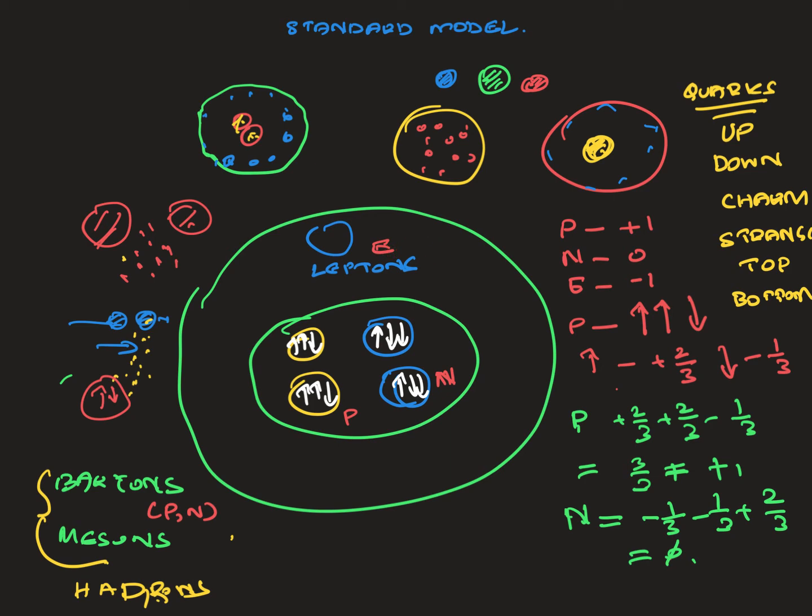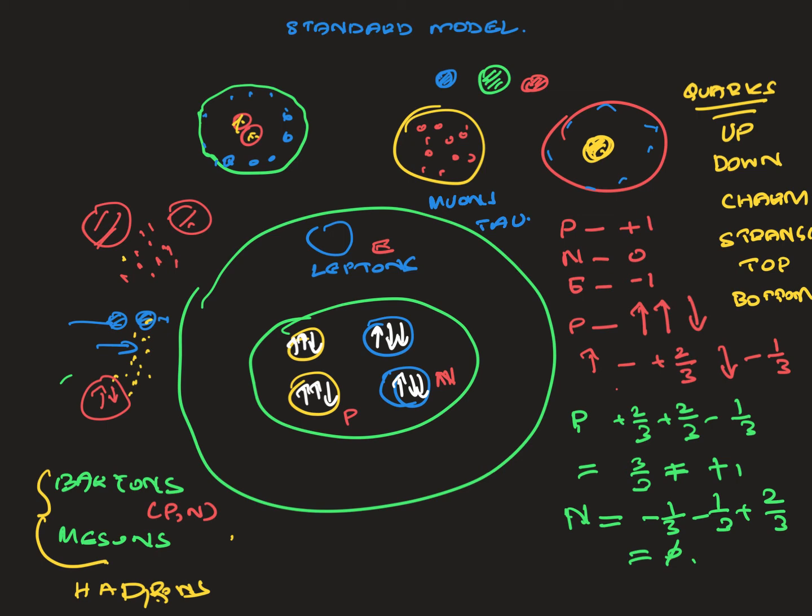Just like electrons, we have muons and tau. These electrons, muons and taus, you can't divide into other smaller particles, so they are also fundamental particles.